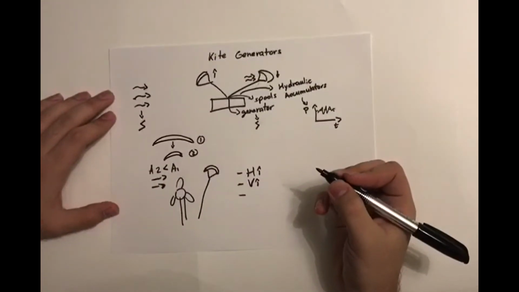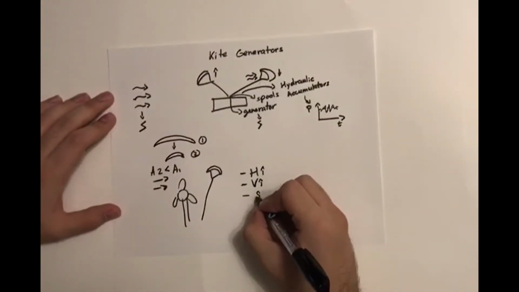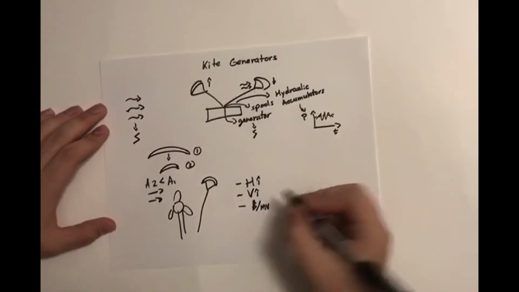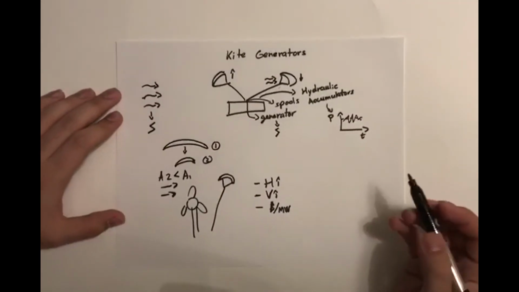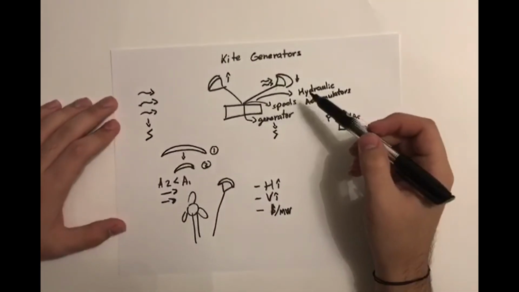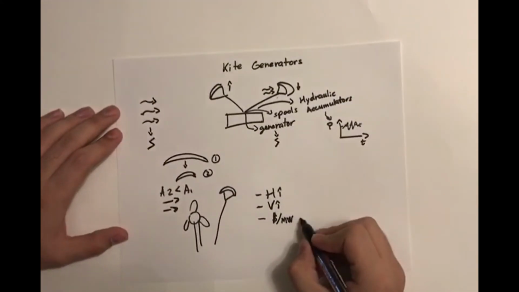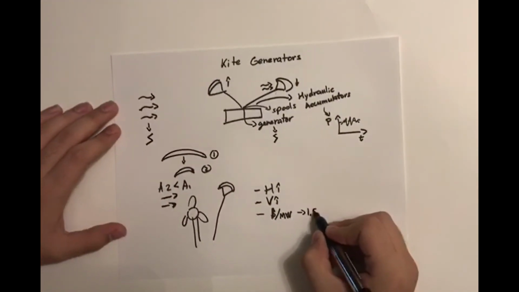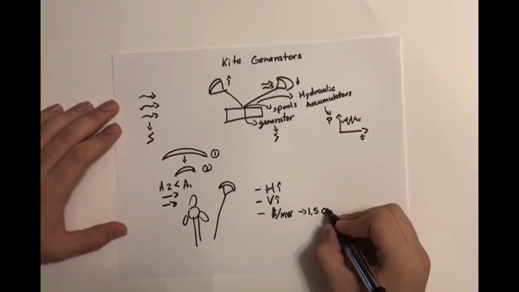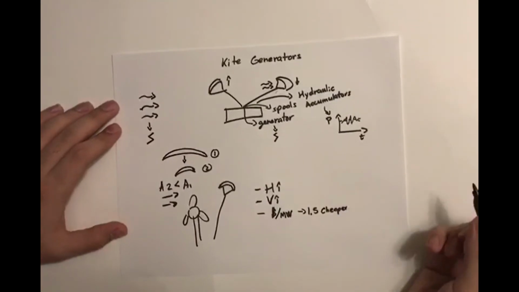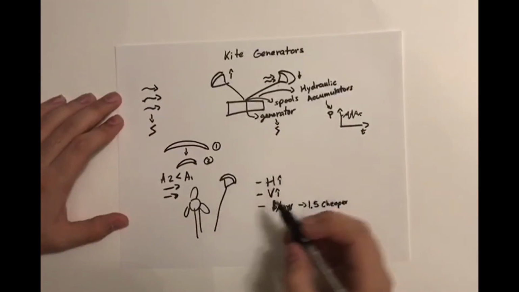The next benefit involves the ratio of dollar per megawatt of power generated. These systems can generate 1 megawatt for about 1.5 times less money than the usual wind turbine.